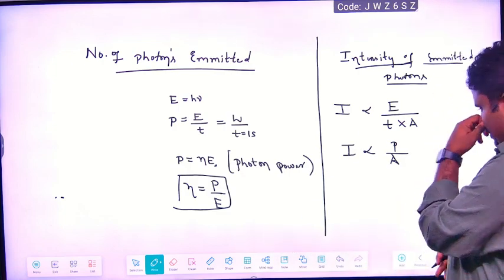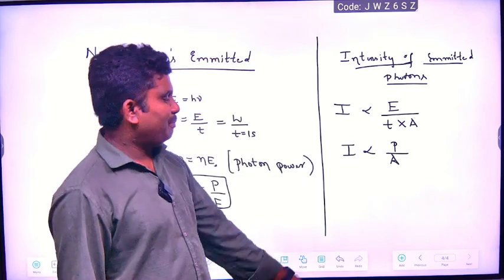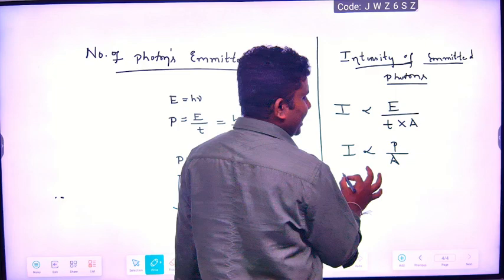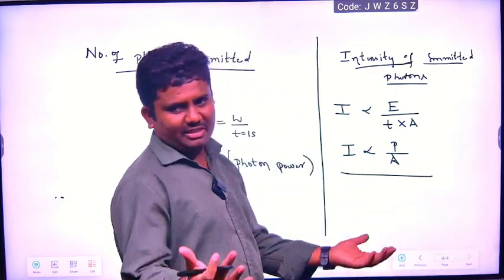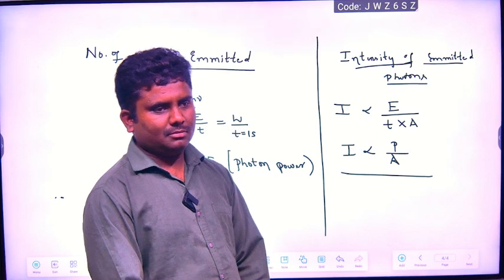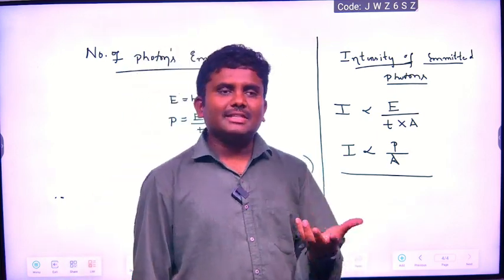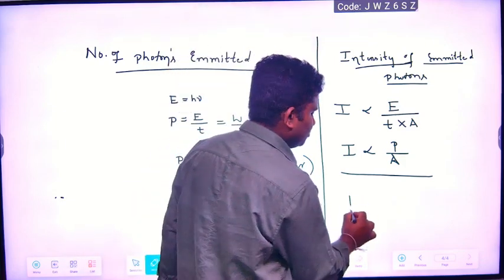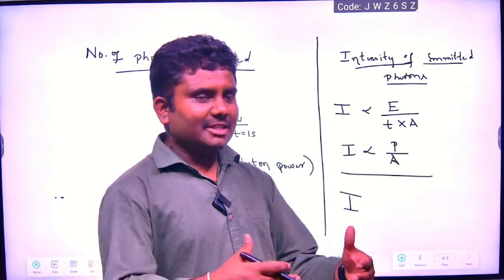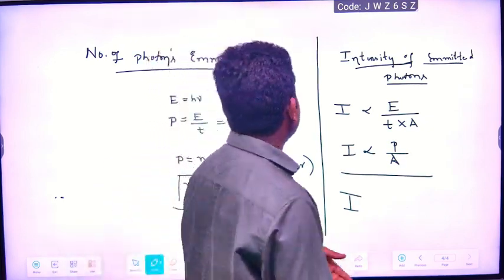Okay, now intensity is directly proportional to P divided by A, power per unit area. If you take any spherical surface and want to find the intensity of the light ray at any one point, for example, the light source is there.